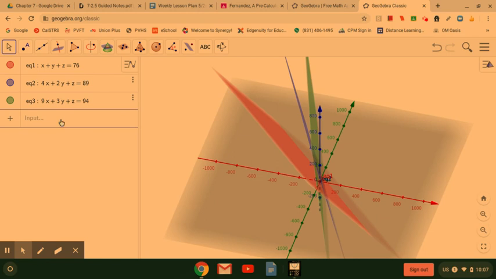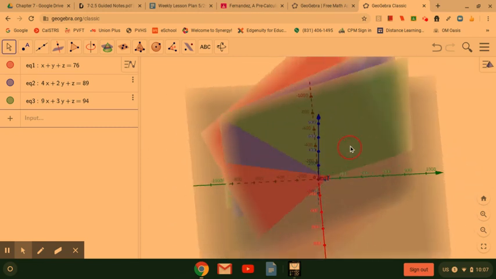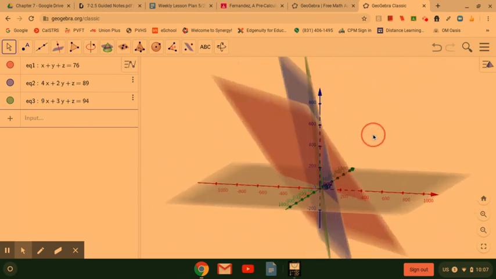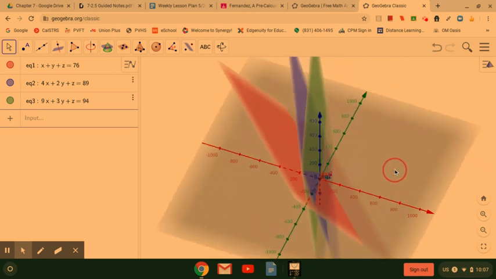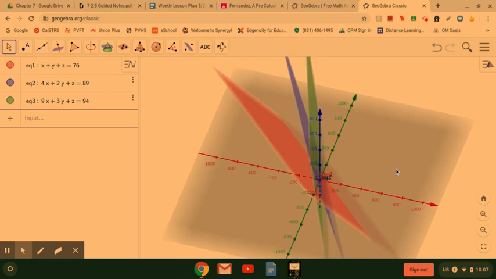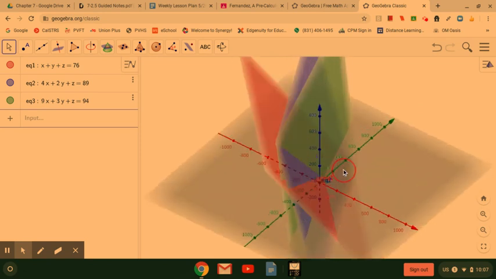But where's the solution? It's kind of hard to see. Where's the point, my x, comma y, comma z, where these three planes intersect? It's somewhere right here, right? Okay, so we're gonna have to do something here. Let's use reduced row echelon form.